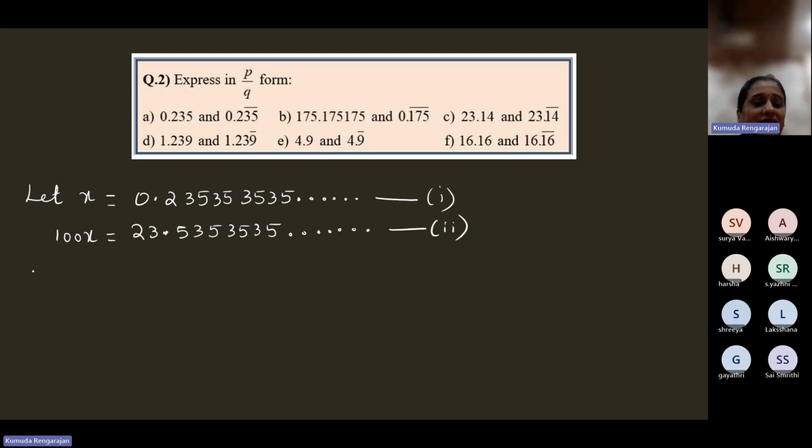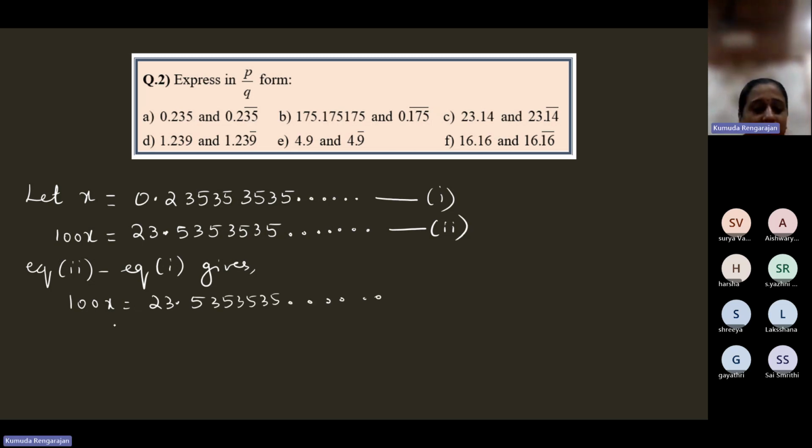Now we'll have to subtract equation 1 from equation 2, which means equation 2 minus equation 1 gives. All right, so we'll write equation 2 first. That is 100x is equal to 23.5353535.